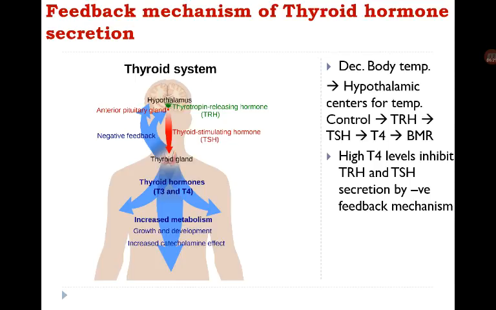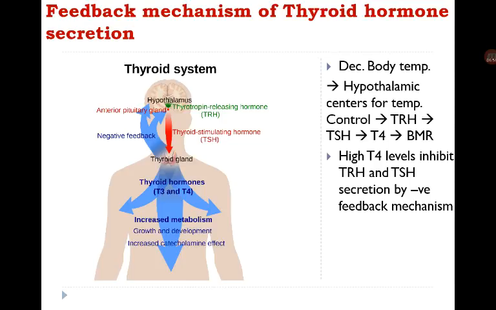The other feedback mechanism for thyroid hormone secretion is the negative feedback, the normal negative feedback mechanism that you all know. So high levels of T4 in the blood are going to inhibit the hypothalamus and anterior pituitary, preventing them from secreting more releasing hormones or stimulating hormones, reducing the amount of T4.